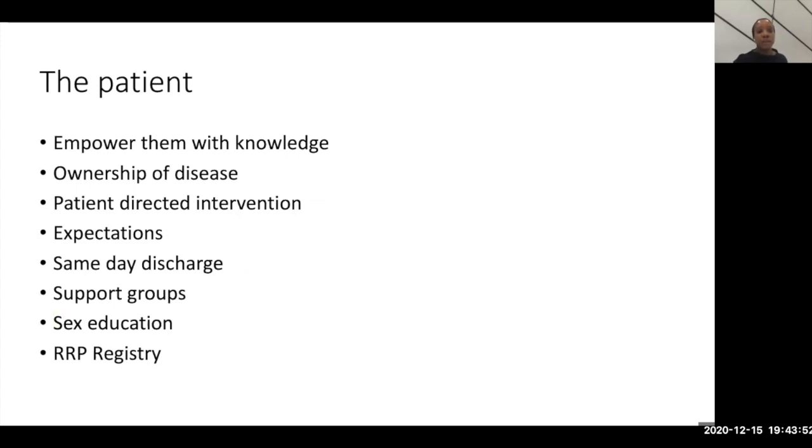So in general, with the patient, you want to empower them with knowledge. You need to tell them what the natural history of the disease is. You have to explain to them that they may require several procedures, and therefore they need to also take some ownership of the disease. If you have patients in the adult population constantly coming to your clinic just for a follow-up, in inverted commas, you won't have space to see anybody else.